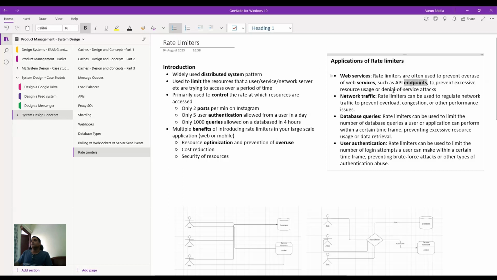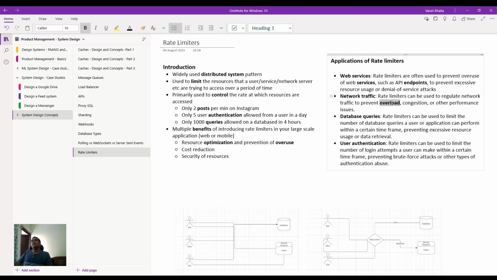And DoS attacks, excess resource usage can be prevented when you have those in place, right?